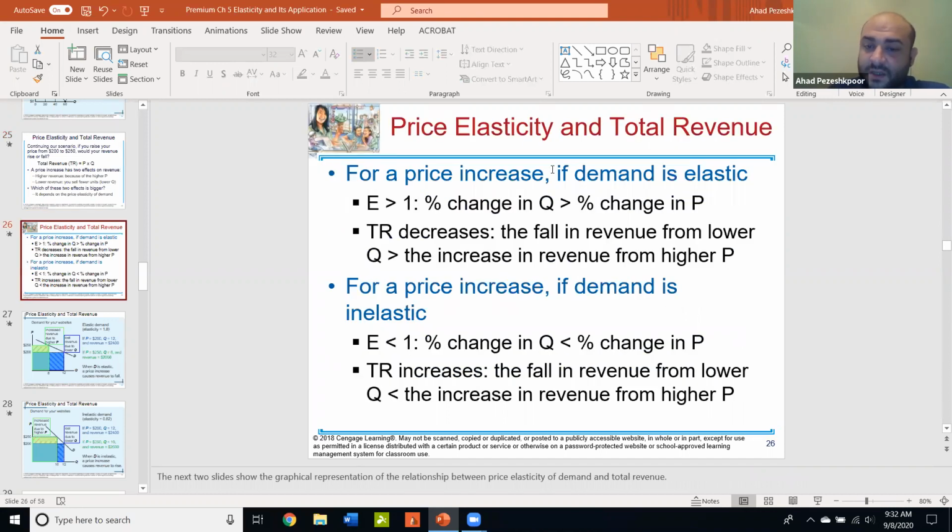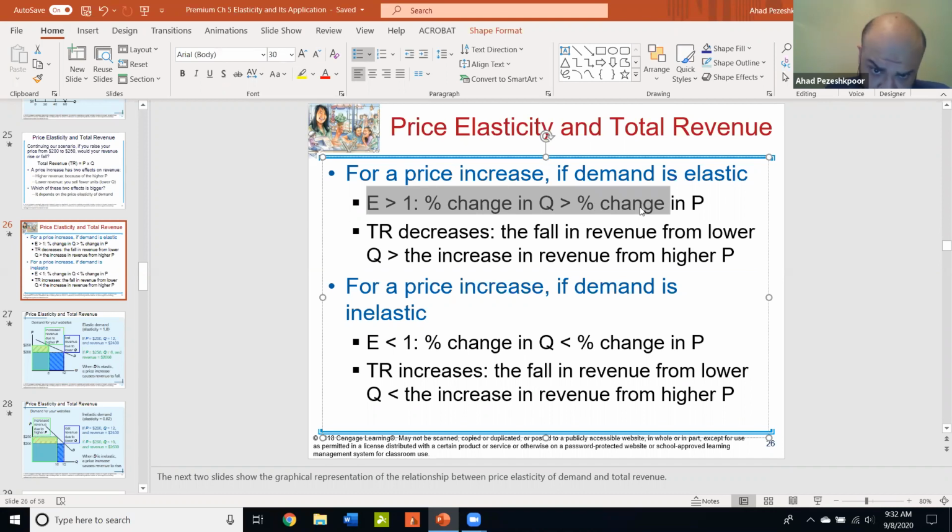For a price increase, if demand is elastic, that means the percentage change in quantity is greater than the percentage change in price. Therefore, total revenues decrease.